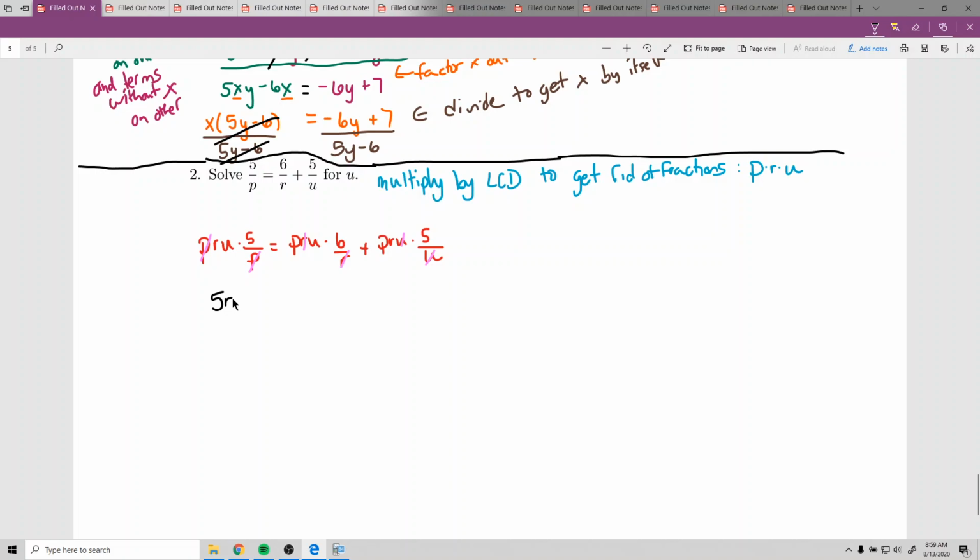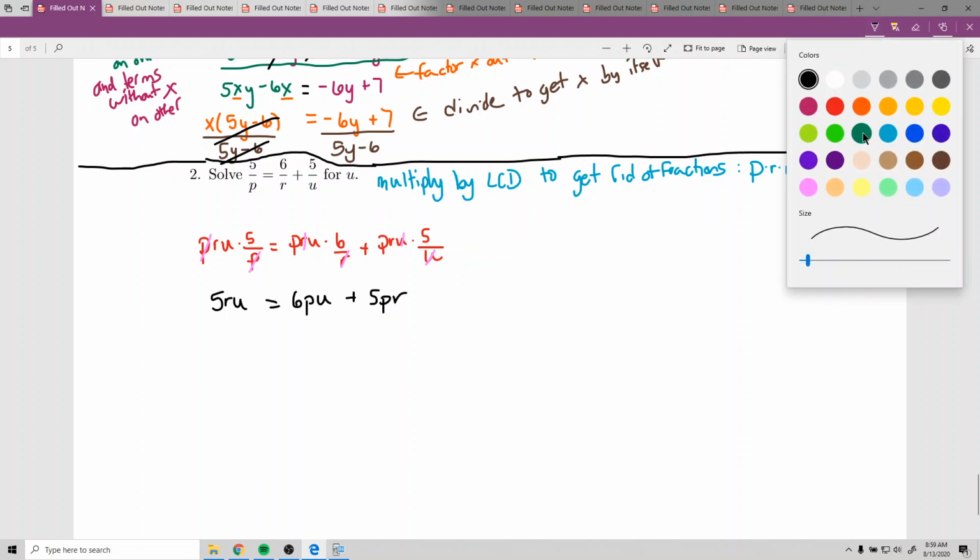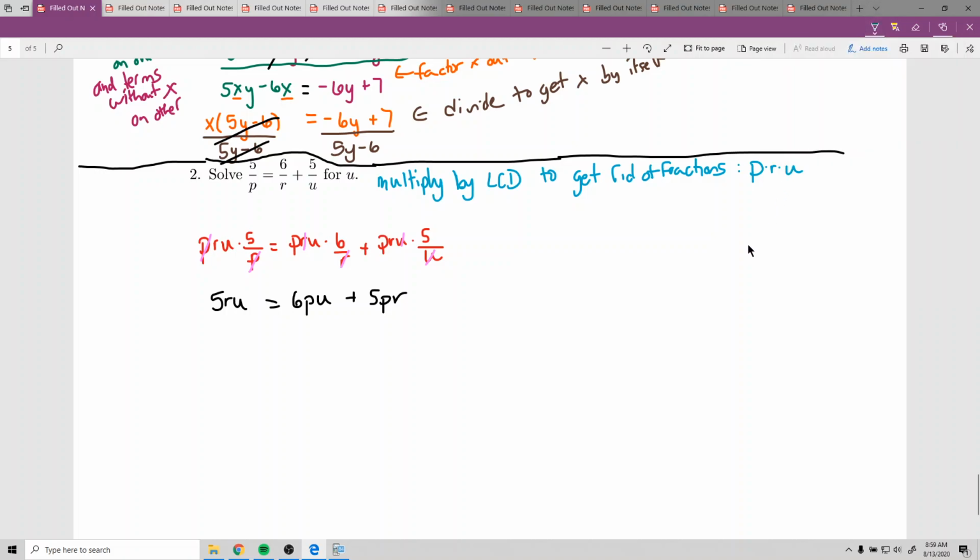I like to put the numbers in front, so I'm going to put 5ru. In the term right here, we have 6 times p times u. And in the last term, we have 5 times p times r. So we got rid of the fractions.